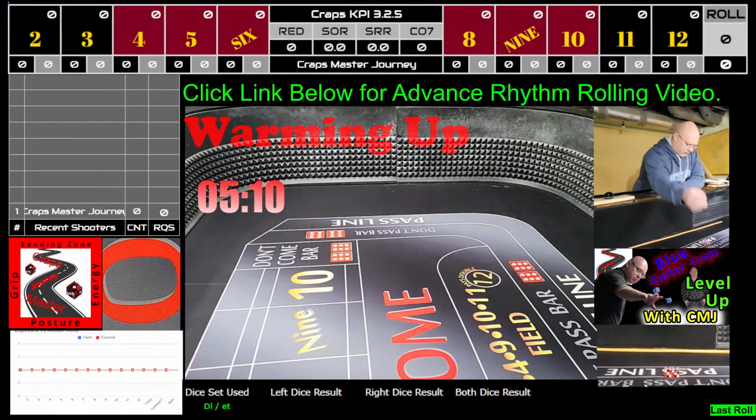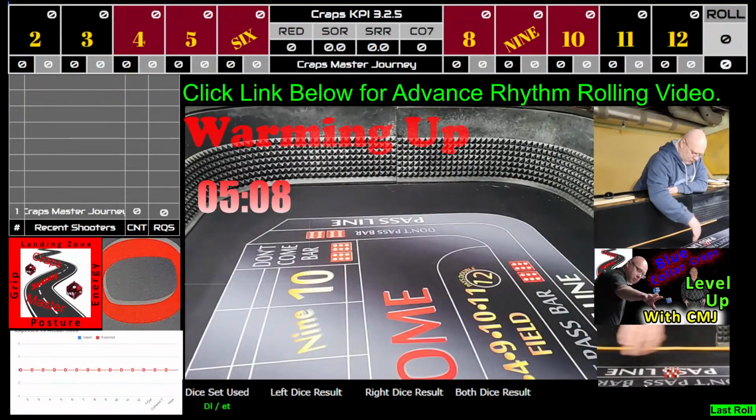Recently, in the last few months, I have said that landing zones are not important, and I really believe that they're not important. What I do believe is more the action of the dice, how they come off the back wall.